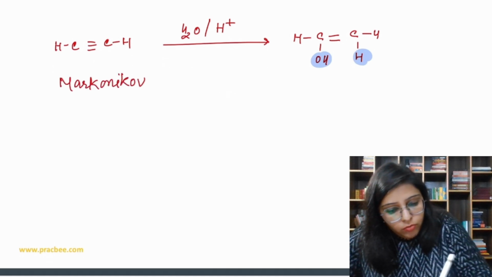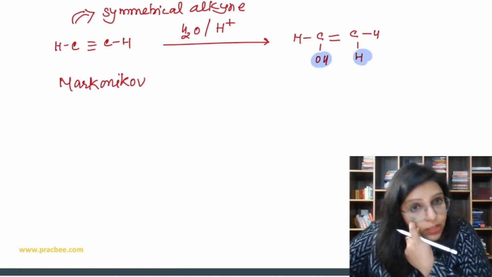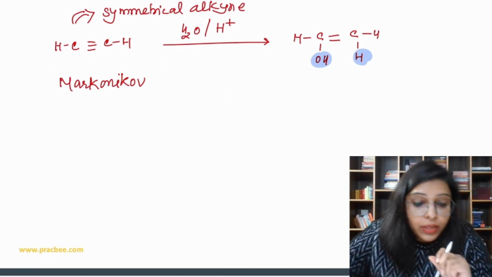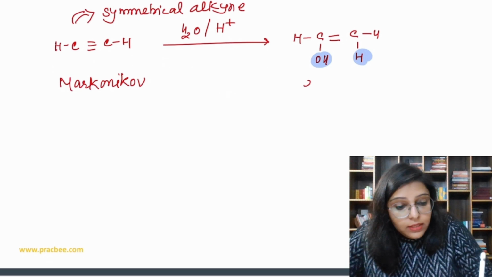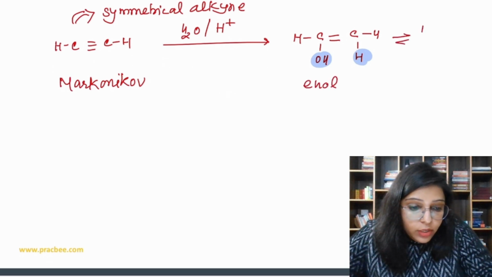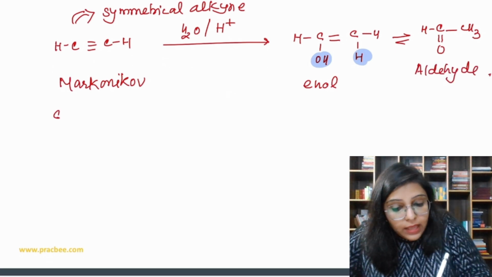Here we have a symmetrical alkyne, so there is no need to apply Markovnikov or anti-Markovnikov, but the concept is that we add as per the Markovnikov rule. This is the enol form, which tautomerizes to the keto form. So we get HC double bond O and CH3, an aldehyde. From ethyne we get ethanal.